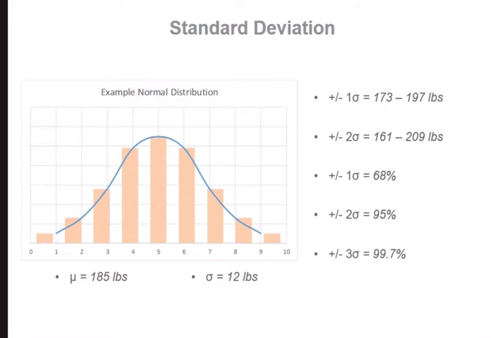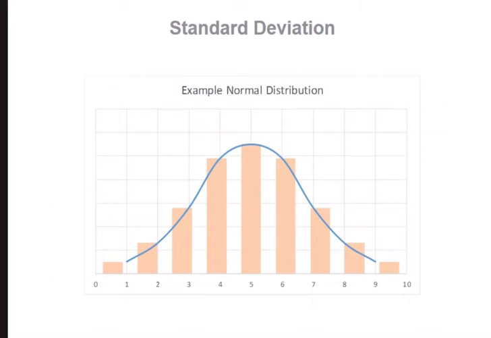Let's visualize this using our chart. Remember, in our example, we know the mean weight is 185 pounds and the standard deviation is 12 pounds. To plot that on our chart, we will see the mean weight of 185 pounds in the middle. Then we will plot plus 1 standard deviation and minus 1 standard deviation.